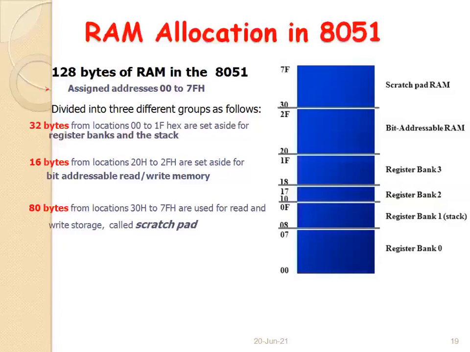I have to initialize my program in such a way that the stack pointer will be loaded with a value starting from say 30, approaching 7F. Therefore if I use this scratchpad memory location, it will not coincide with the register bank, because in a program I can use register bank 1 also. In this way I can avoid the conflict between bank 1 and the stack.